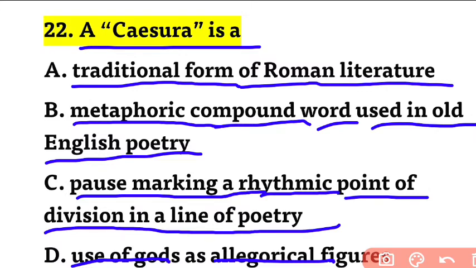What will be the answer? The answer will be: a pause marking a rhythmic point of division in a line of poetry. Caesura is a pause marking a rhythmic point of division in a line of poetry. Next question.